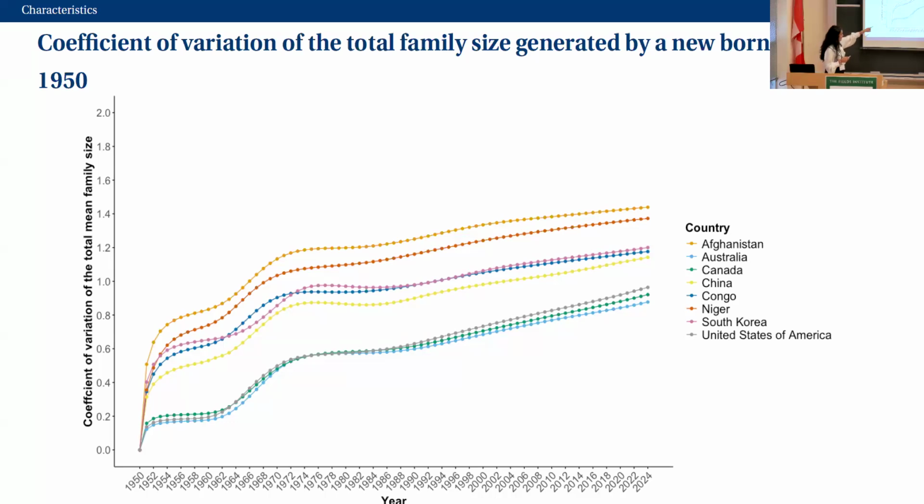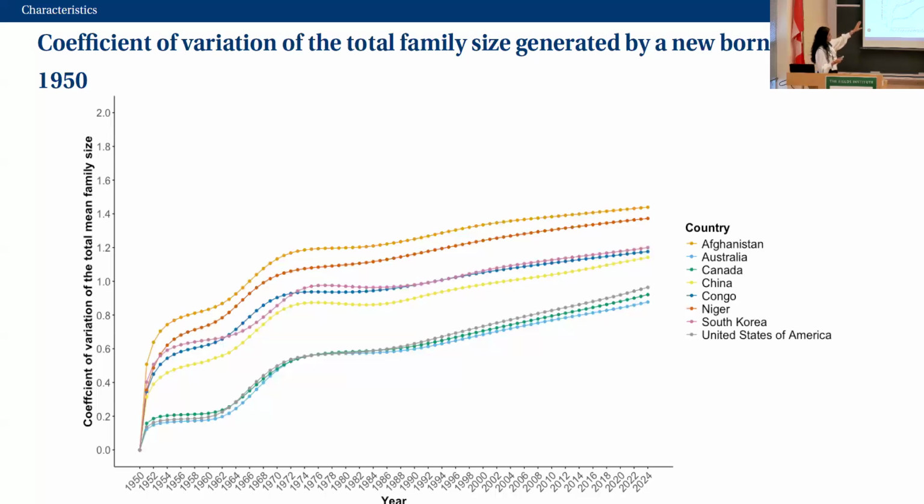For example, in the lowest bucket, we have Australia, Canada, and US, and we see that the coefficient of variation is less than 1. This might be due to the fact that they have low fertility, but they also have low mortality. These are countries with better access to healthcare, they're more developed, and the way their female family grows might be more predictable, more matured.